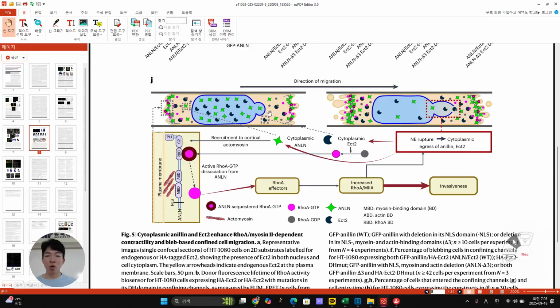When they start to migrate more, before saying this, this initial anillin, as you know, not all, maybe 90% of anillin is localized in the nucleus, but maybe 10% is already localized in the cytoplasm. So when cells are initially squeezed in this confined area, this anillin goes to the back and front.